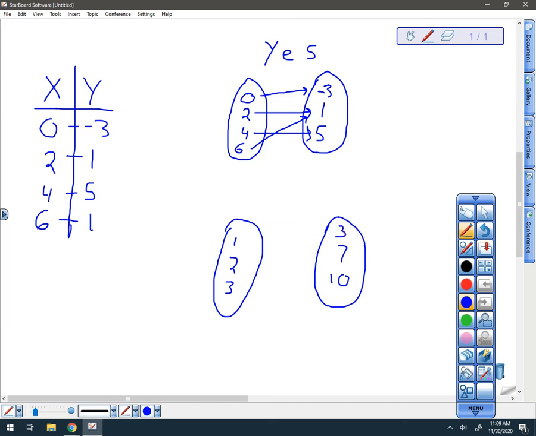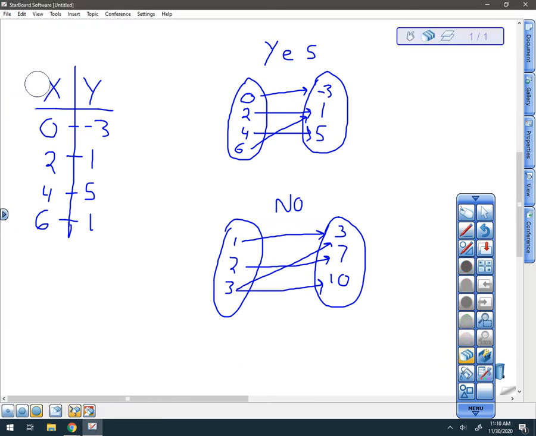Let's say 1 goes to 3, 2 goes to 7, but then this 3 goes to 3 and 10. So this would not be a function because 1 only has one arrow, so that's fine. 2 only has one arrow, that's fine. But 3 has 2 arrows. So that's no, can't do that. So that would be no, not a function.